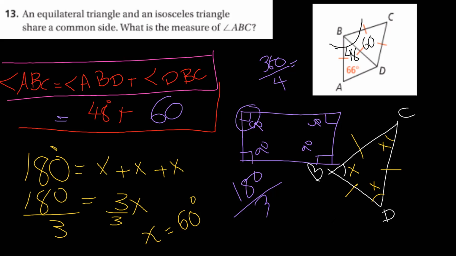So the summation of them is 106. And this is the measurement of the angle ABC. Miss, is it 108 or 106? No, 108. I said 108 and I wrote 106. It is 108.